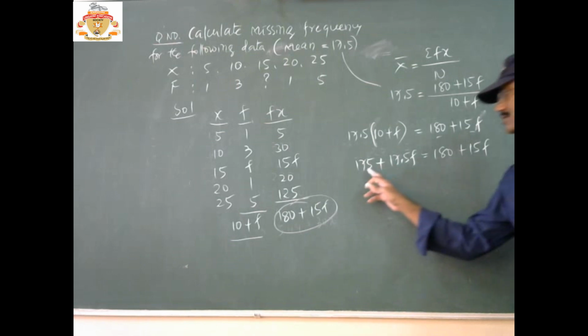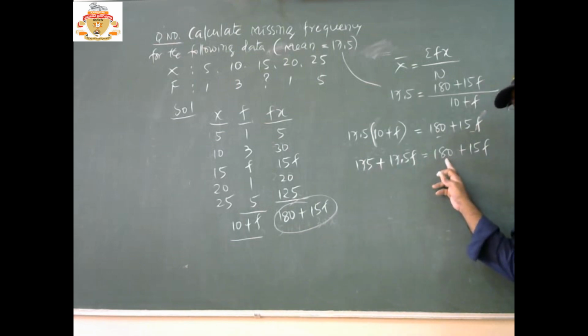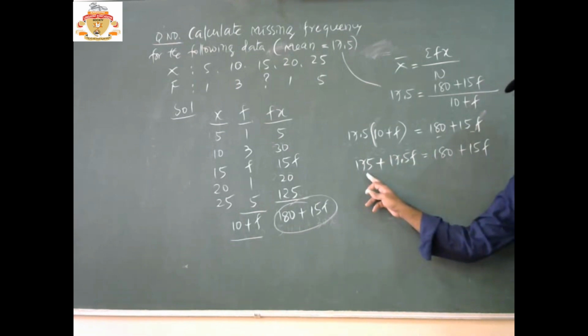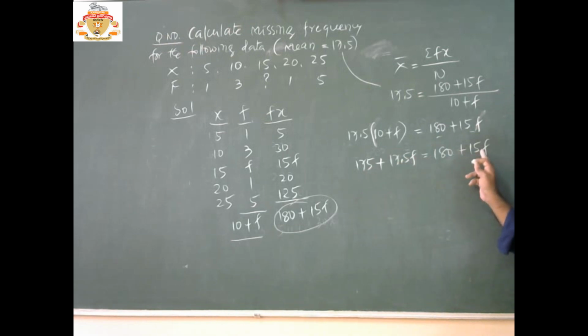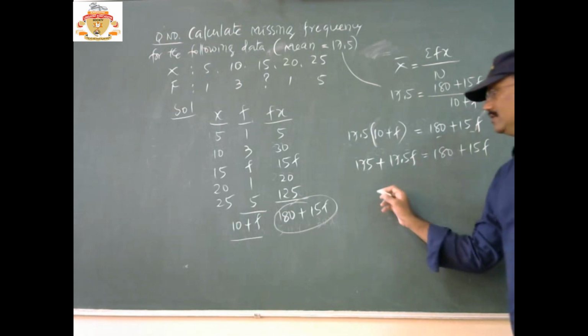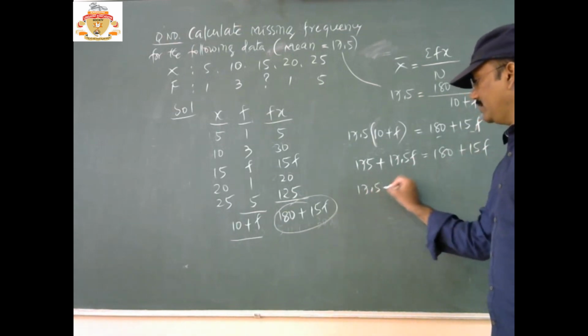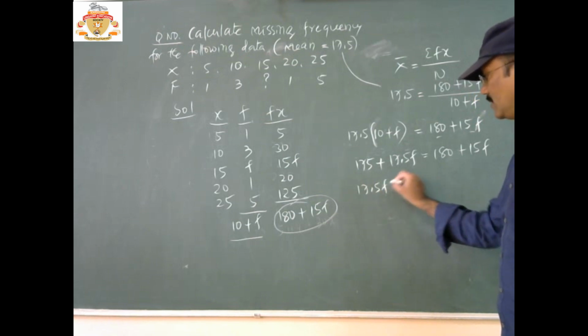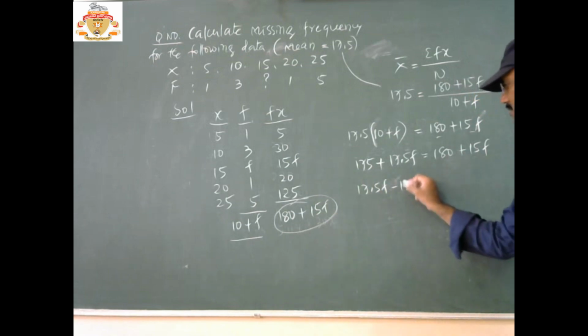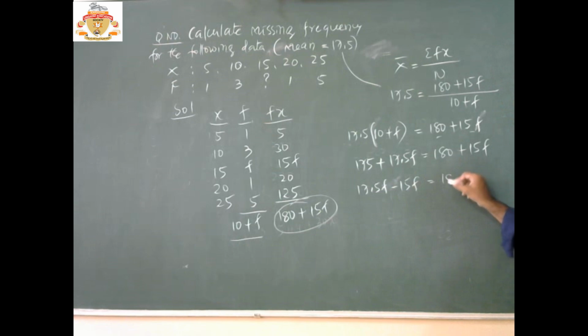This is 175 here and 180 there, so 180 is bigger compared to 175. You shift the 175 to this side. Then 15f or 17.5f: 15f is smaller, so shift it to this side. Now it looks like this: 17.5f minus 15f equal to 180 on the bigger side, and 175 shifted this side, minus 175.